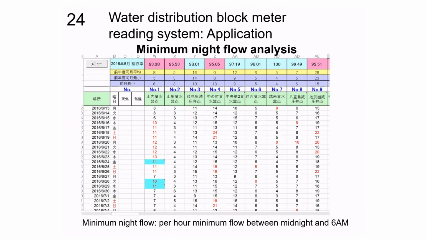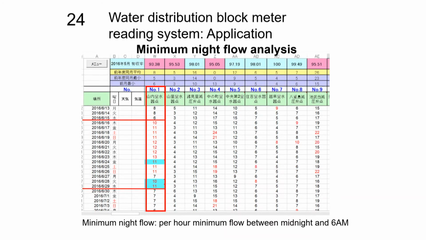This table shows each distribution block's minimum night flow between June 13th to July 3rd in 2016. The values in black are normal values, and those in red are abnormal values. Let's take block number 1 for example.